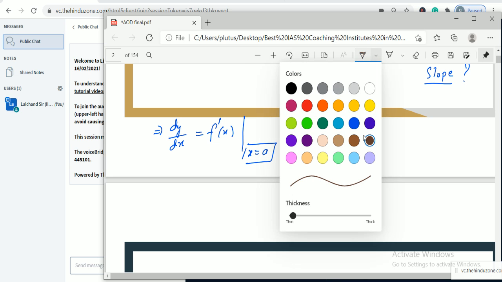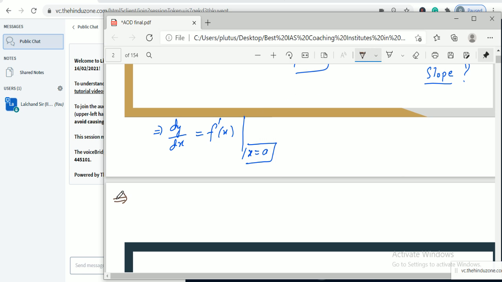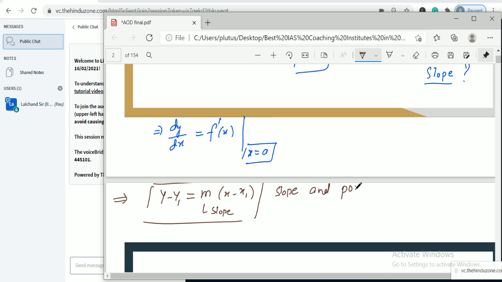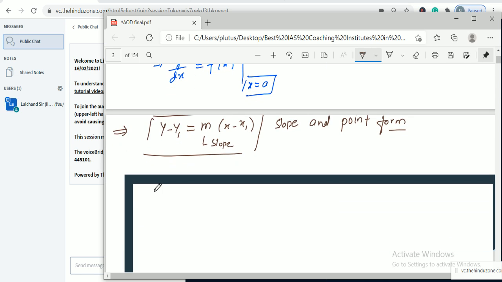So can you tell me how to write equation of tangent now? Come on, how to write equation of tangent using slope and point form. Simply the slope and point form is y minus y1 equals m times x minus x1. This is our slope and (x1, y1) is our point. So using this slope point form, we can write equation of tangent.